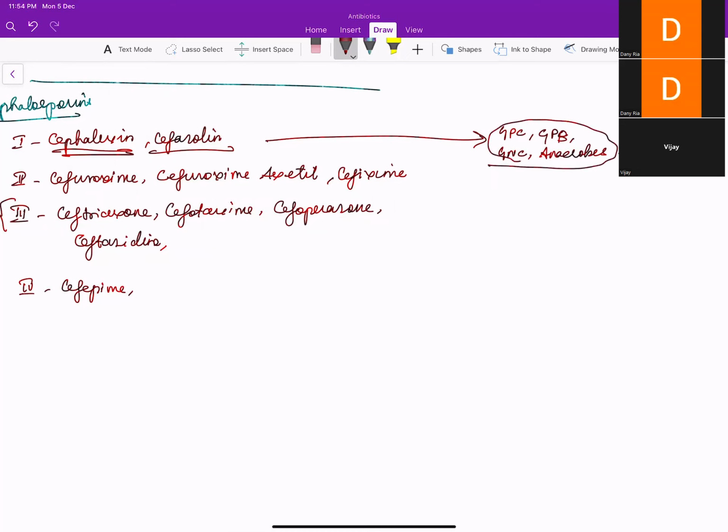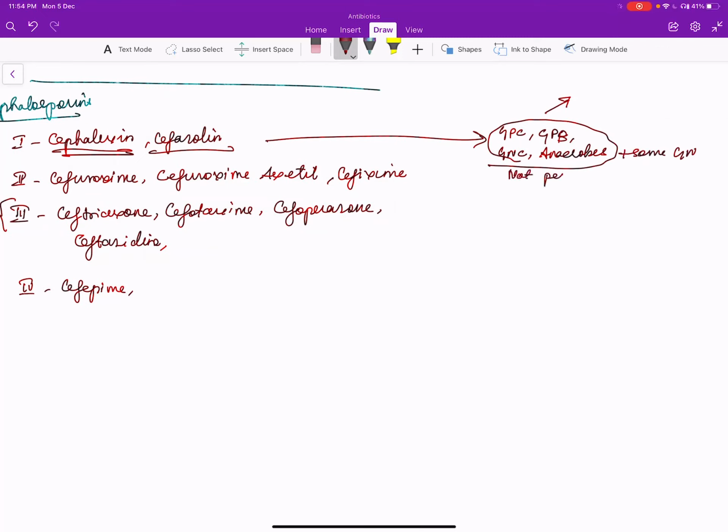So in short, first generation: gram positive, the same spectrum as penicillin. The thing is, cephalexin is not penicillinase sensitive. That means it can be given for skin and soft tissue infection. That is the indication. The only place where cephalexin is used now is the same as penicillin, mainly gram positive infections. Classically, it is used for surgical prophylaxis and skin and soft tissue infection, orally.